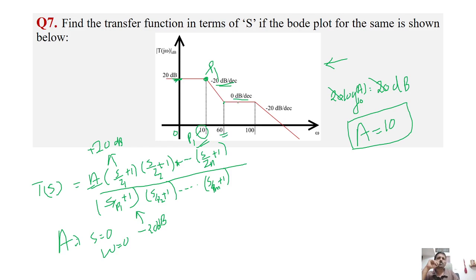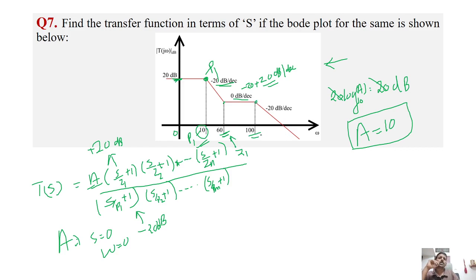So it is like minus 20 plus 20 is 0, right? So at this point at 60 there is a plus 20 dB per decade roll off. How did that come? That must be because there is a zero, so 60 is Z1.